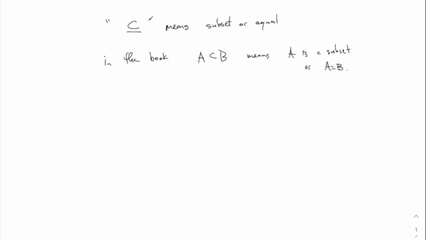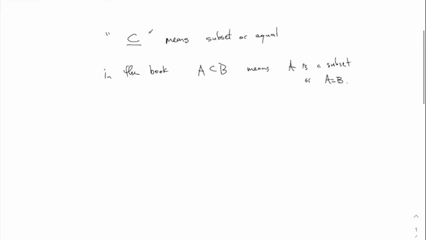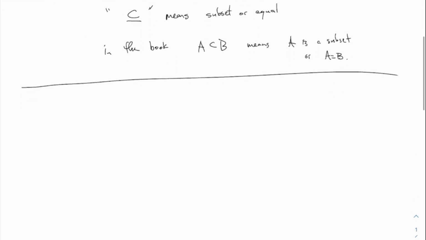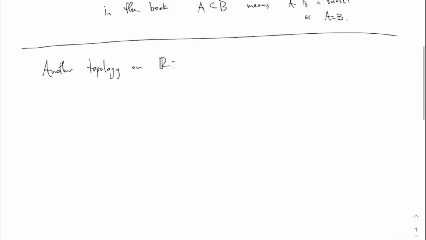Okay, anyway, I wanted to talk about one more example of a topology on R, which is not any of these, but another fun example. There are many topologies that you could use on R. You'll have some practice on the homework of dealing with whether something is or is not a topology.